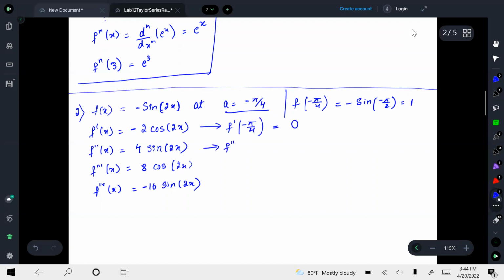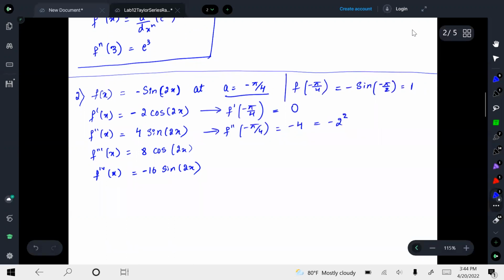And then we get f double prime of negative pi by 4. That will be equal to negative 4. So you can also write this as negative 2 square if you want to. And then we have f triple prime of negative pi by 4. That is equal to 0 again. And f fourth prime of negative pi by 4 is equal to 16.